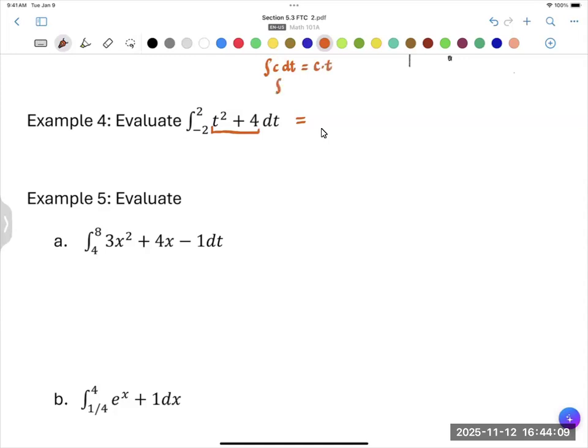And the integral of x to the power n dx will be x to the power n plus 1 over n plus 1. Okay, so you have t squared plus 4. It means the power will increase by 1, and then you divide by the power that you just increased to. And then the integral of the constant is the constant times the variable. And then we take it from -2 to 2.